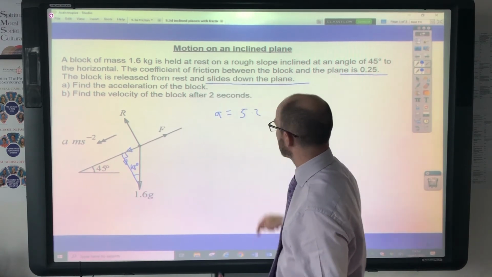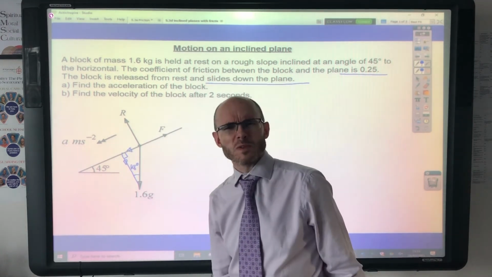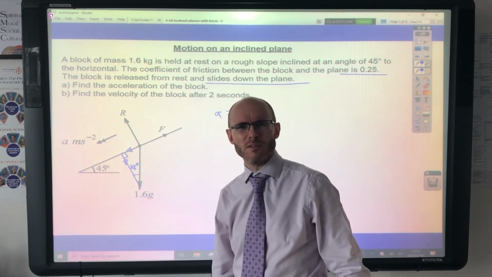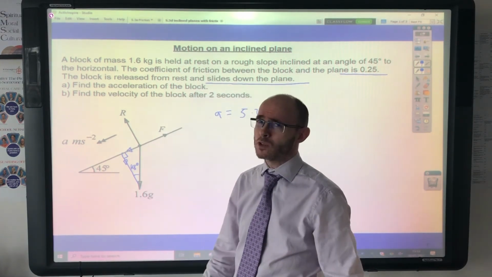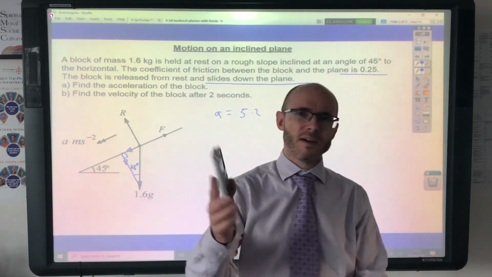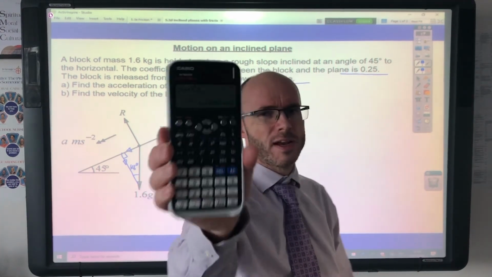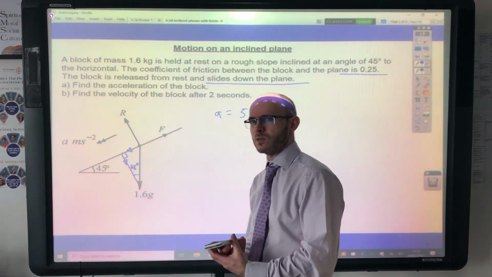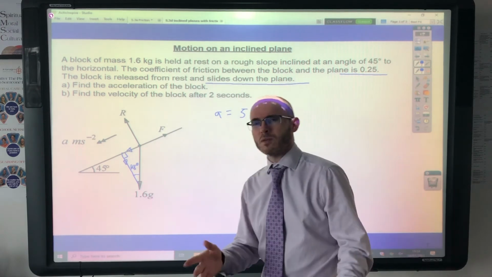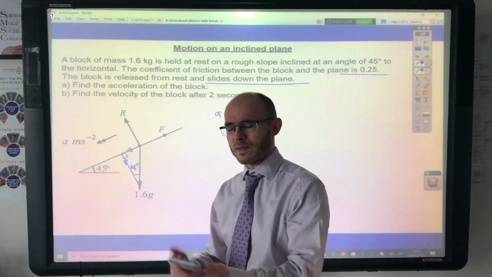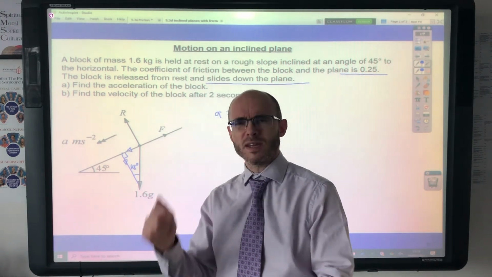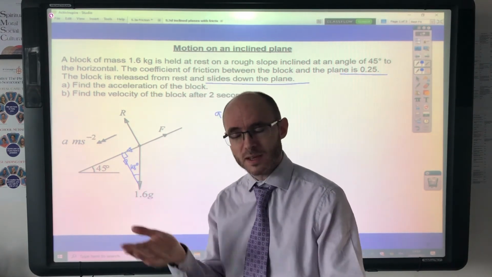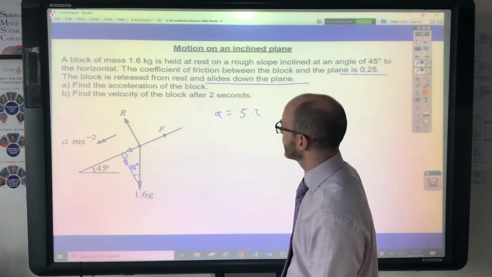Those who've been watching my calculator will see that I have not reset it, I've kept the value of A in it, because I know I'm going to have to use it again. That's another bit of advice for you: once you've worked something out in the calculator, don't immediately reset it unless you have to. Keep it in there because you never know when you have to use it again.